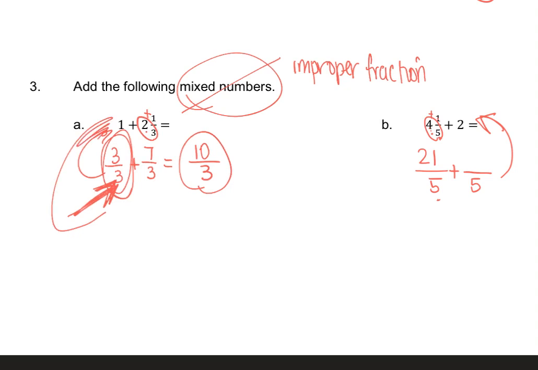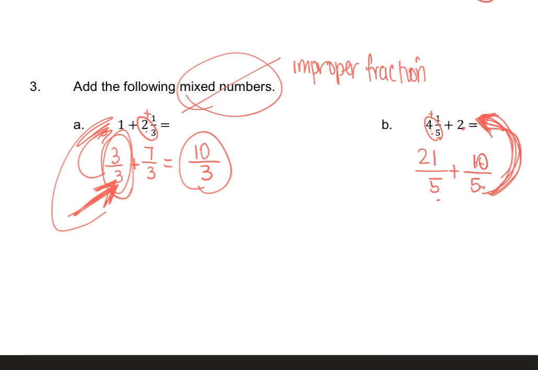Here, I need a denominator of 5, but when I divide, I need it to equal 2. So what divided by 5 equals 2? It's 10. 10 divided by 5 equals 2.